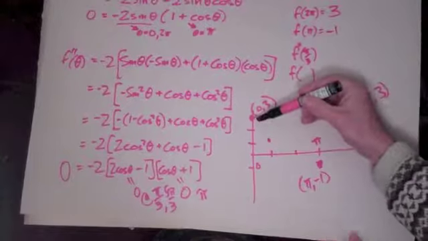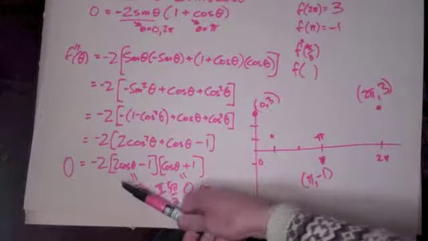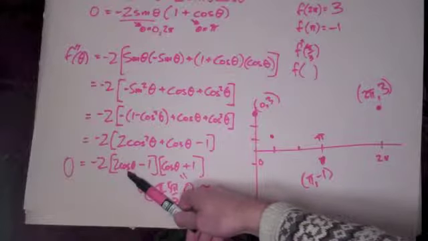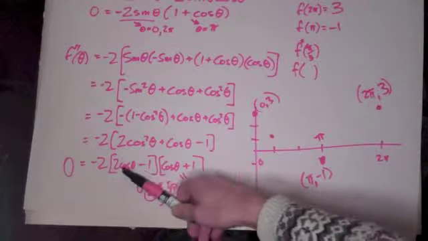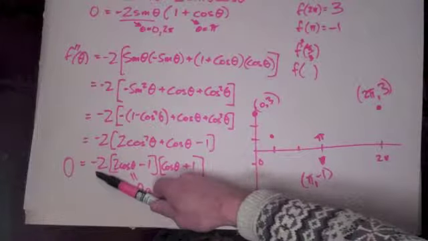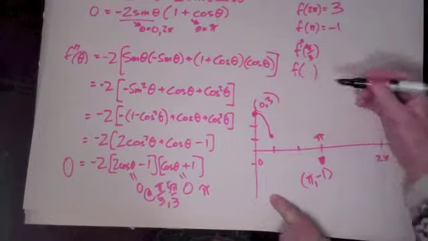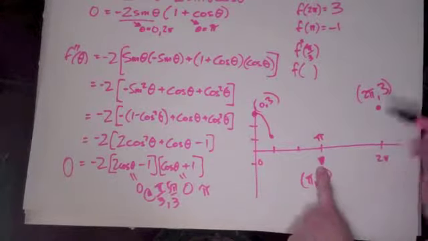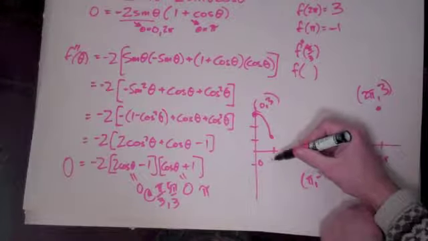If I plug 0 into our second derivative, I get 1. 2 times 1 is 2 minus 1. That's a positive. And here it's a positive, but there's the negative 2, so that's negative. So it's concave down. Then let's find the other point here at 5 pi over 3.